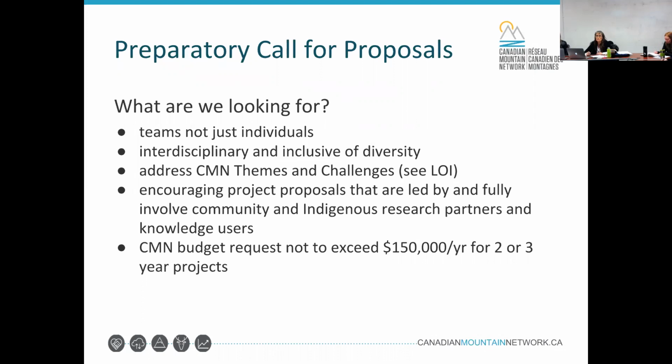There are two very huge interests here in the Yukon Territory with respect to the preparatory call for proposals. One of them is the Mackenzie Mountains between the Kaska Nation and the Sahtu. They have been working for many years to collaborate in creating a protected area so that the two territories can come together.